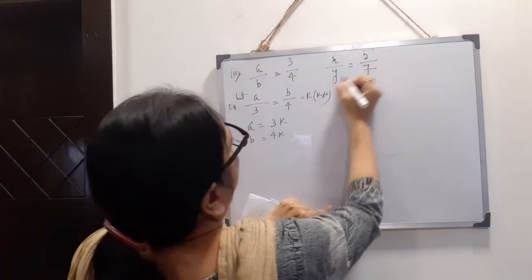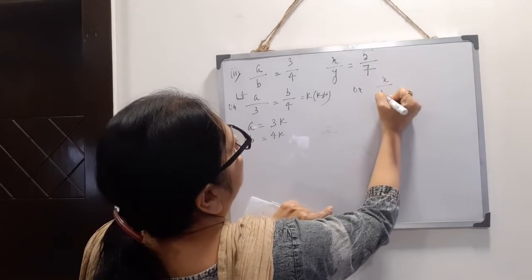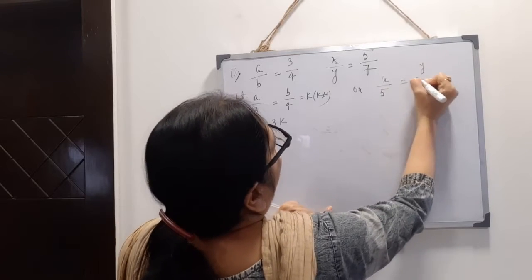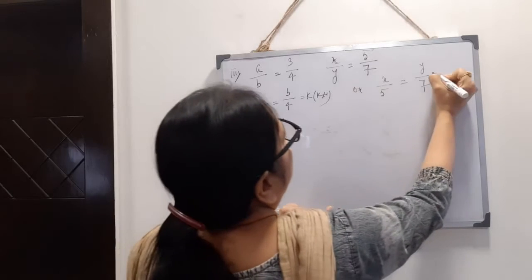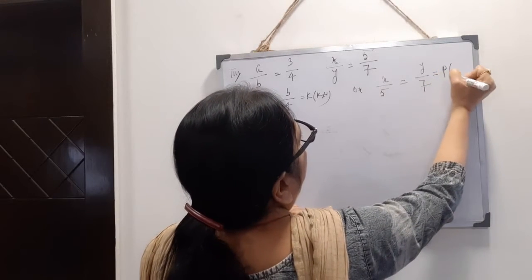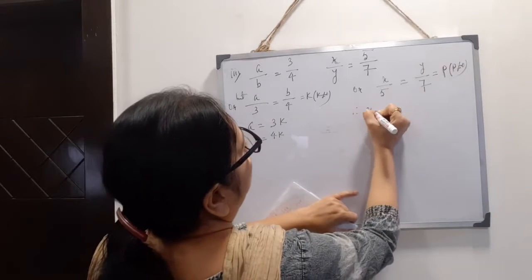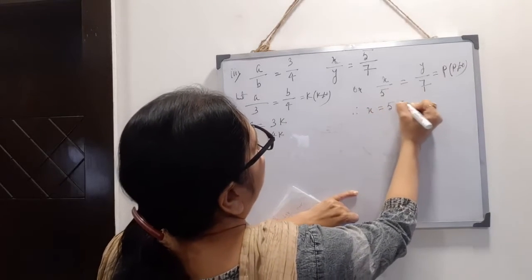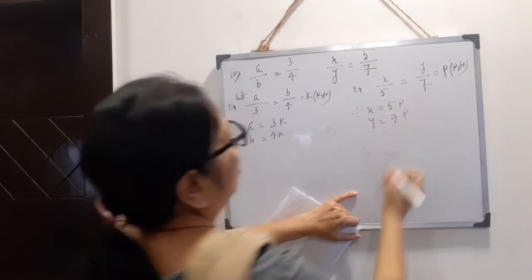And here again by alternendo we can write x by 5 equals y by 7. And let this equal to another constant p, where p not equals 0. So from here we can write x equals 5p and y equals 7p.